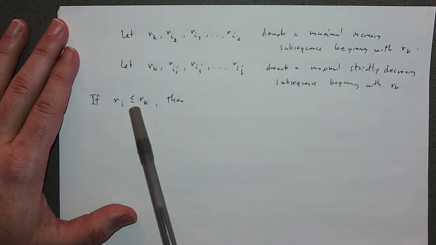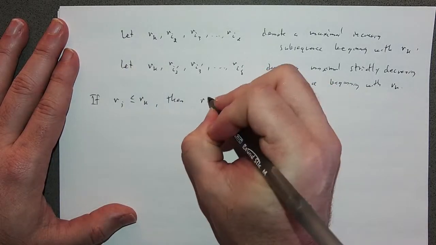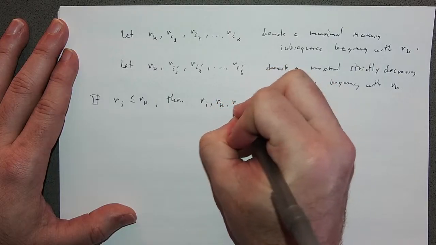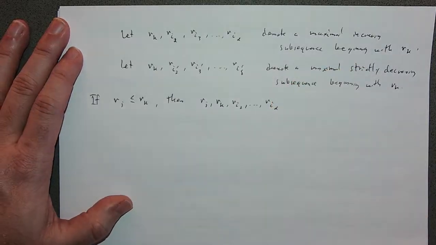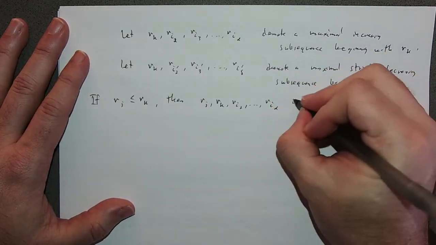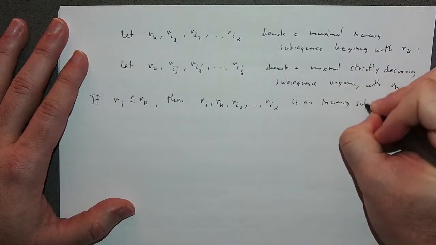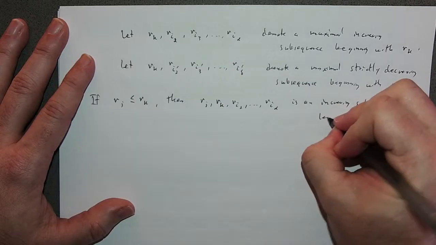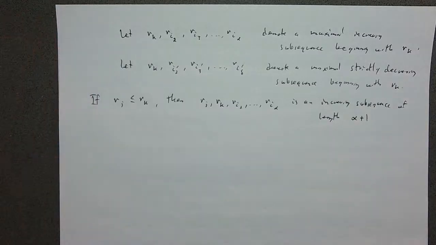So if r sub j is less than or equal to r sub k, then tacking that on the beginning here, r sub j, r sub k, r sub i sub 2, and so on out to r sub i sub alpha is an increasing subsequence of length alpha plus 1, beginning with r sub j.